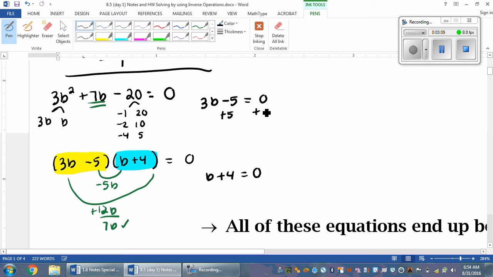So add 5 to both sides, and b is equal to 5, divided by 3, so b is equal to 5 thirds. Here I'm going to subtract 4, so b equals negative 4. So my two solutions, b is equal to negative 4 comma 5 thirds.